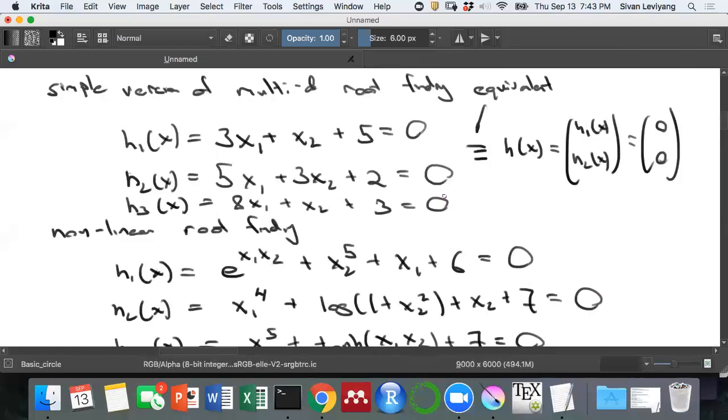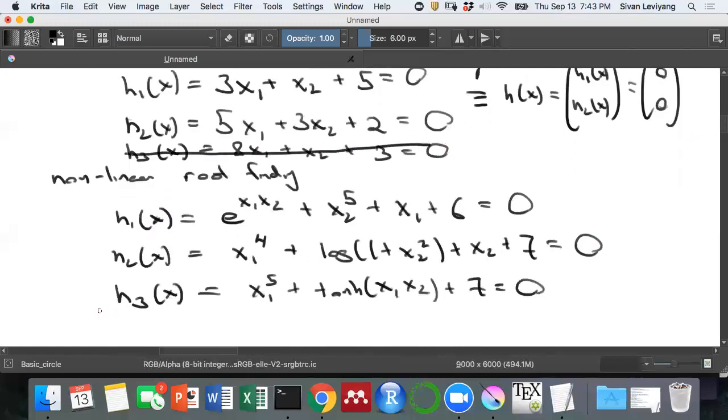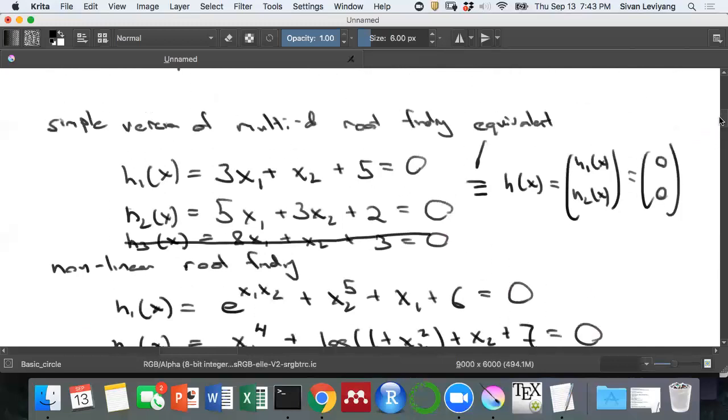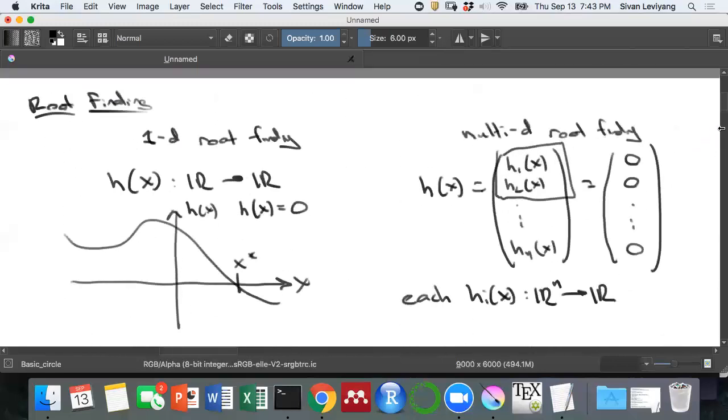So in general, if I want to give you a reasonable problem, I should give you the same number of unknowns as equations, right? So I wouldn't give you a third here. And that's why up here, just to make that point, my domain for each one of these h's is n dimensional.